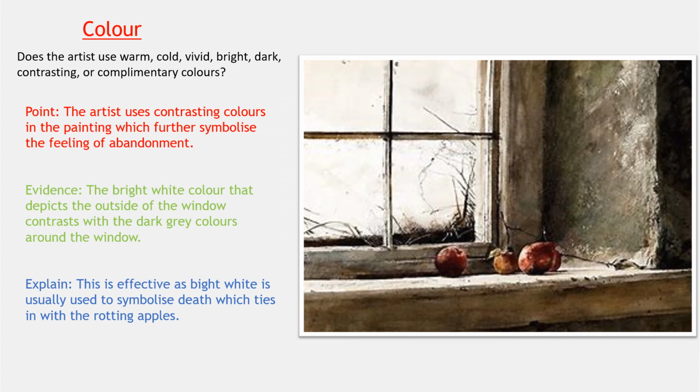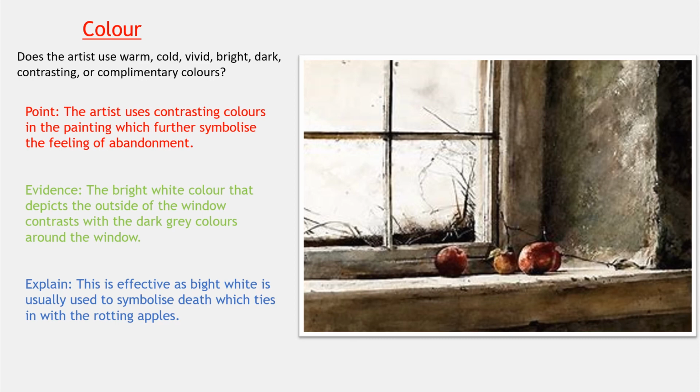So the second visual element was colour. So a point that you could make about the use of colour in this painting is that the artist has used contrasting colours, and this further symbolises or emphasises the feeling of abandonment. So the use of the really bright white silvery colour that is in the window contrasts with the really dark, dull, muted colours on the inside of the window and the wall around the window frame.